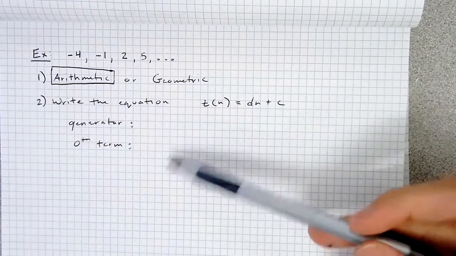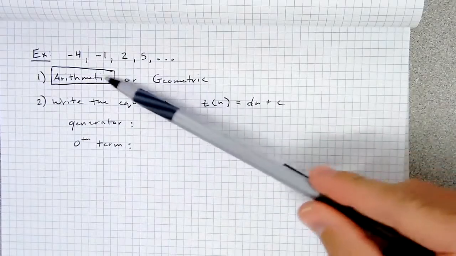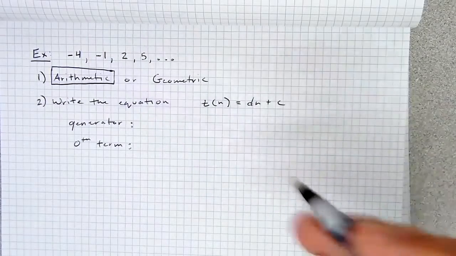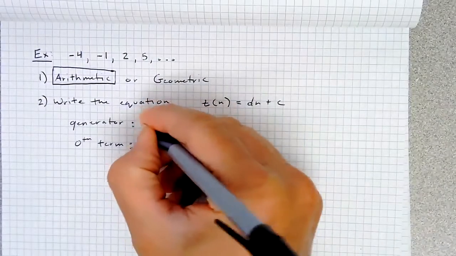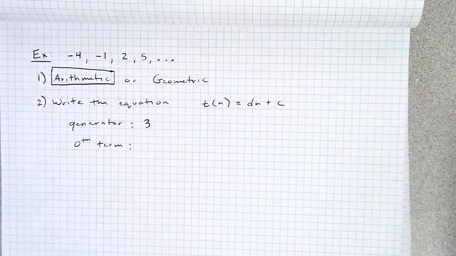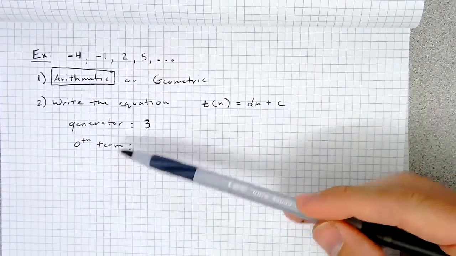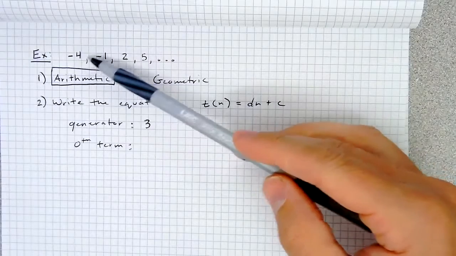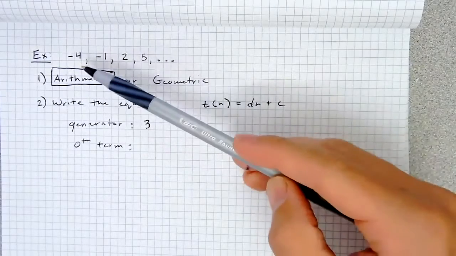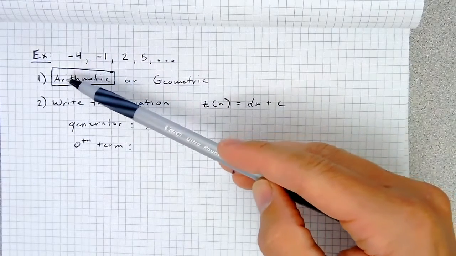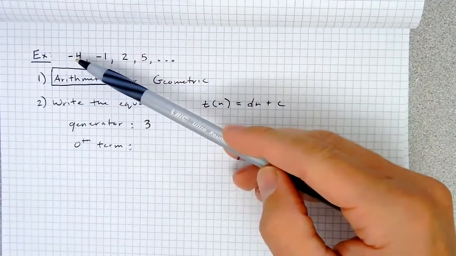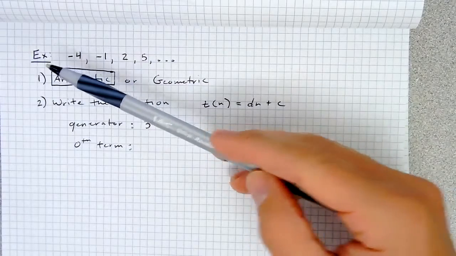Okay, so our generator is just going to be, what are we adding each time? We identified it earlier, we are adding 3. Pretty straightforward. Our 0th term. Remember, this is our first term, second term, third term, fourth term. So this is our first term. We have to go backwards and identify, what would happen before -4?